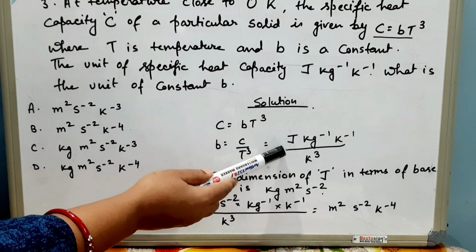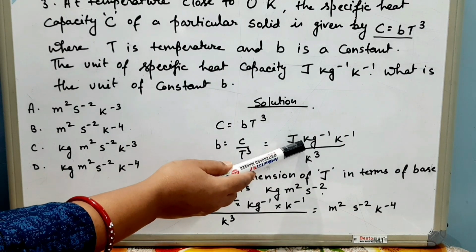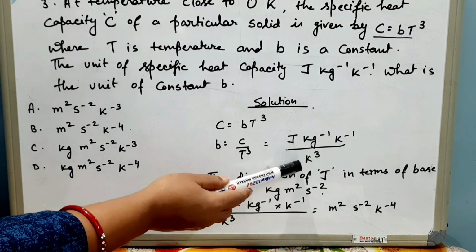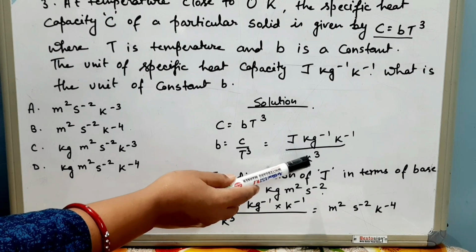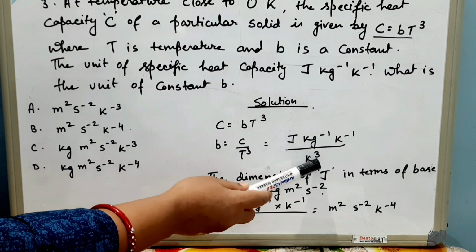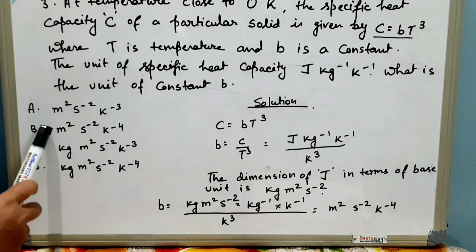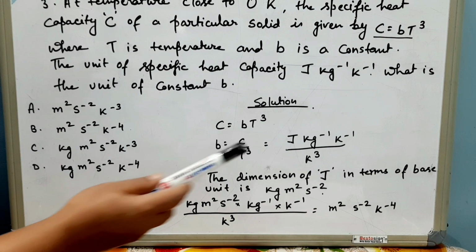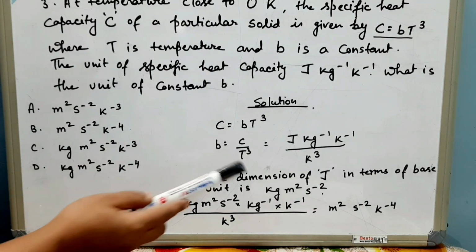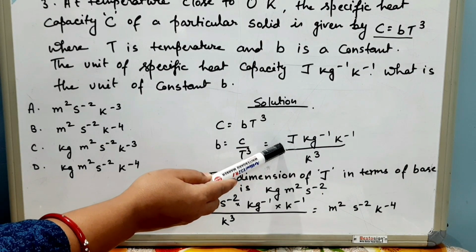This is the unit of C which is already given in the question, that is joule per kg per Kelvin, and now we have taken the SI unit of temperature, that is Kelvin, and as per this it is Kelvin cubed. Now if you see the options, it is given in terms of meter and kilogram. Joule is not here. So we have to convert this joule in terms of meter and kilogram.